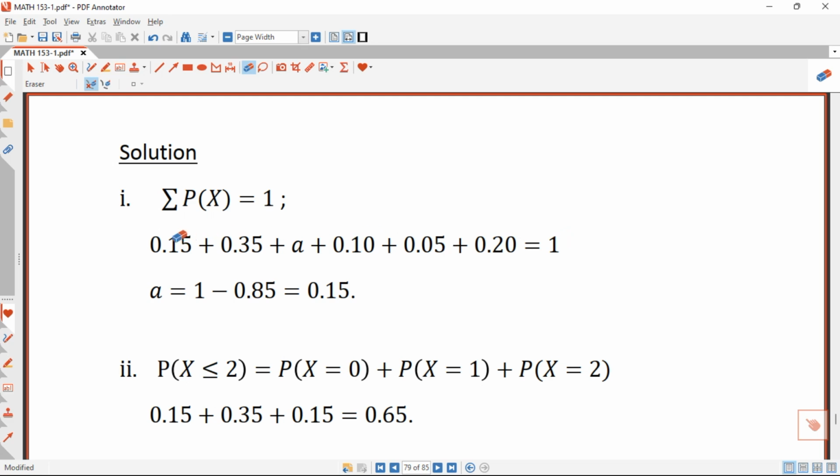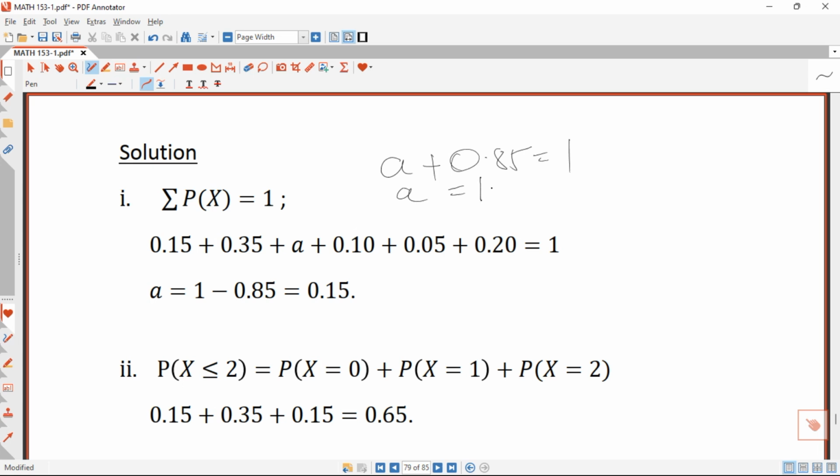So you add 0.15 plus 0.35 plus 0.10 plus 0.05 plus 0.2, and you are going to get A plus 0.85, which is equal to 1. So since we want A, we have to group like terms.